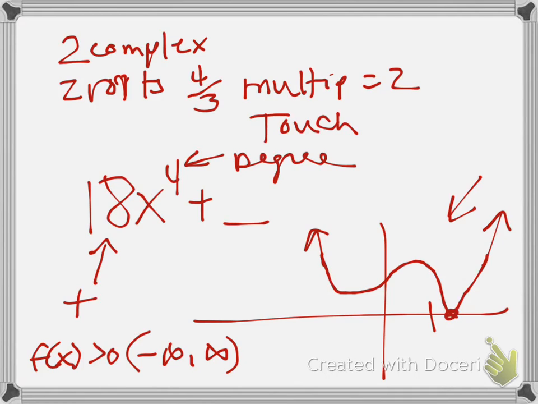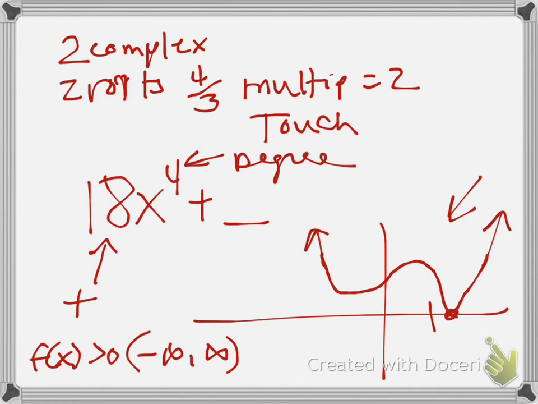Right? When is this function less than 0? Never. When is this function less than or equal to 0? At 4/3, yeah. So there's only one place that this function is less than or equal to 0, because it's equal to 0 at 4/3.